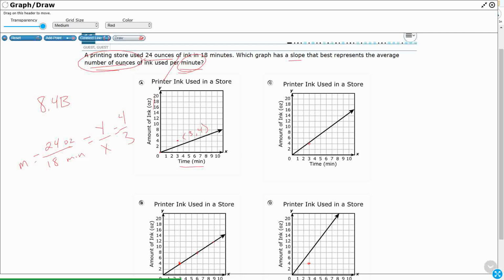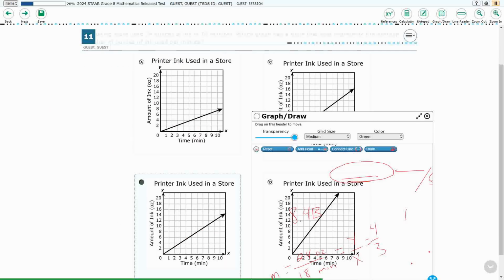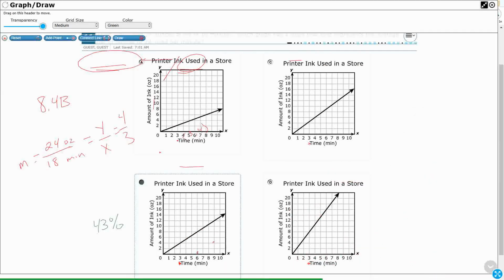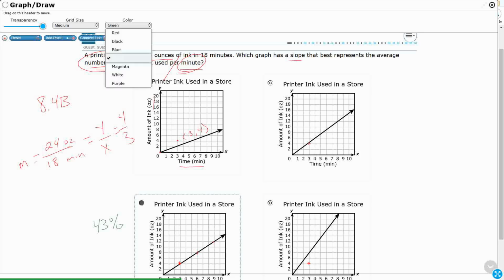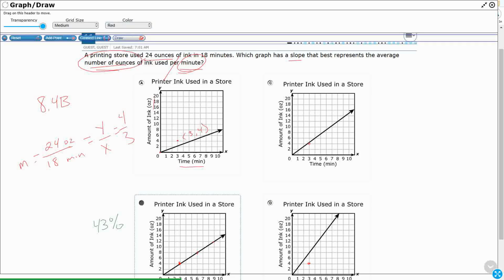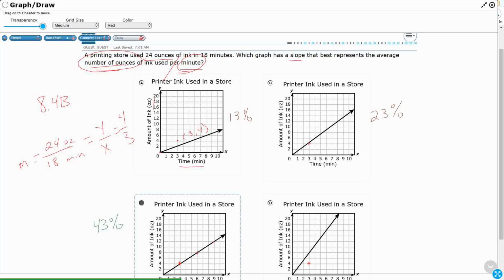And this is kind of tricky for our students. We had 43% get B, which is the correct answer. A was 13%, so not many students chose that, but C and D were kind of tricky for us because look how close C is. 23%, and obviously we're very, very close.